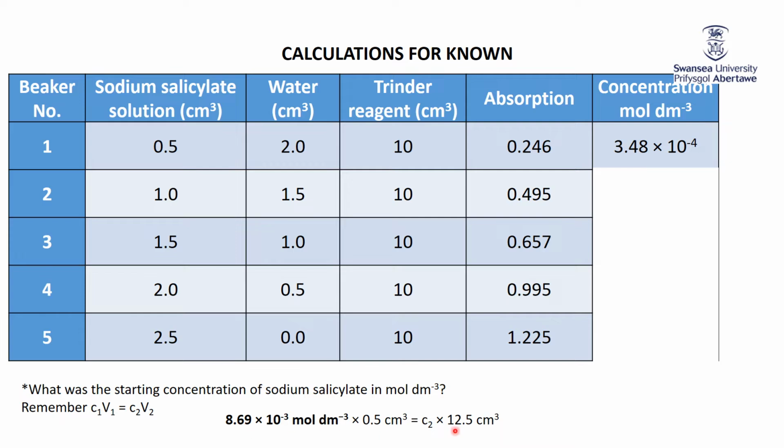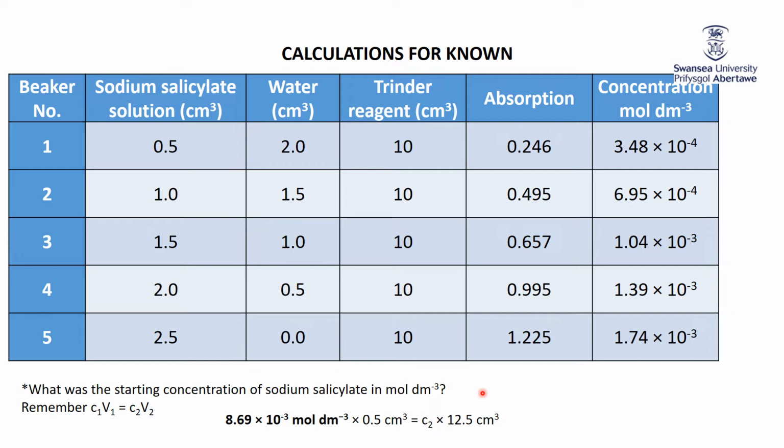Anyway, then doing the calculation 4 more times, each time putting in the appropriate volume of the sodium salicylate solution. So 1 goes there, then 1.5, then 2, then 2.5. Again, cunningly, it was all set up so that the total volume was always 12.5 cubic centimeters. So when I calculate those concentrations, I get these values.